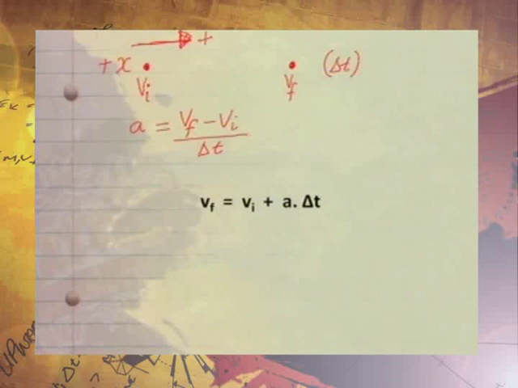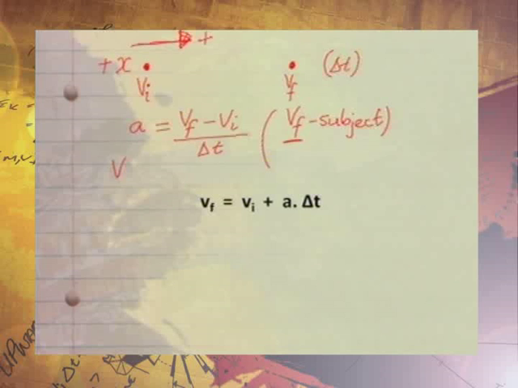Now, if we want, for example, to make v final the subject of the formula, we want to try and work out, if we have this, can we find the final velocity? Definitely we can. We can multiply both sides by delta t. So in that case, we have v final minus v initial equals a delta t.